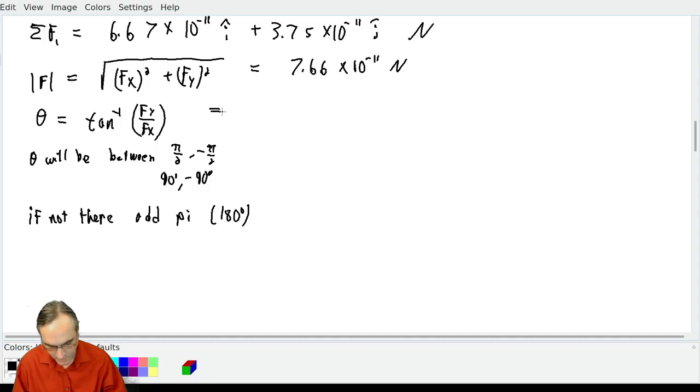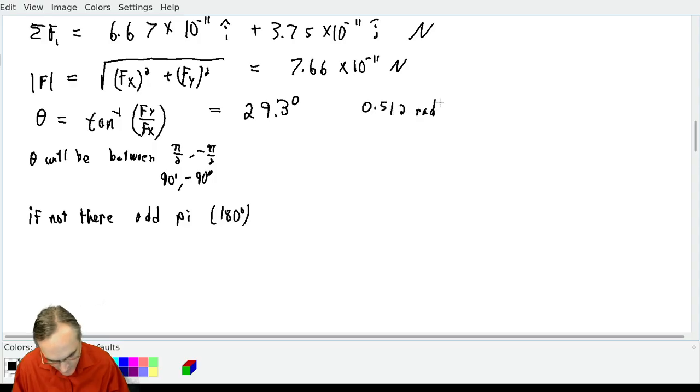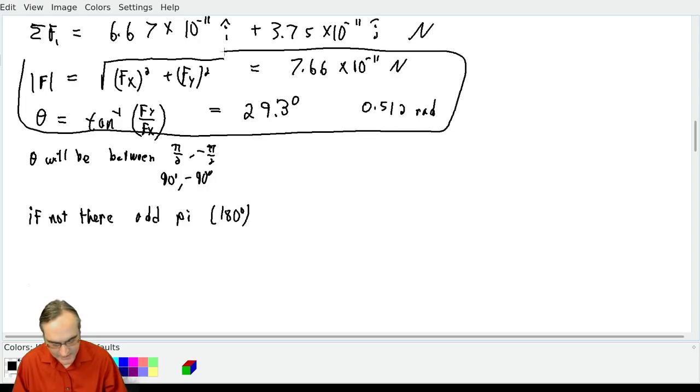I am in degree mode. So 29.3 degrees, or if you prefer, you can multiply that by pi and divide by 180 and get it in radians. So 7.66 times 10 to the minus 11 at 29.3 degrees would be a valid answer, as would 7.66 times 10 to the minus 11 newtons at 0.512 radians.